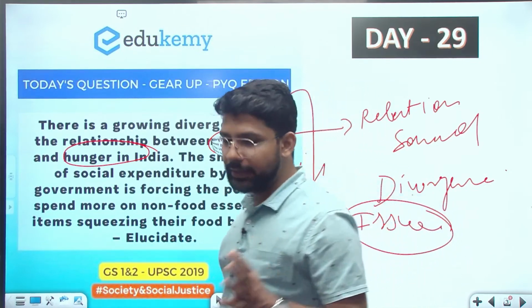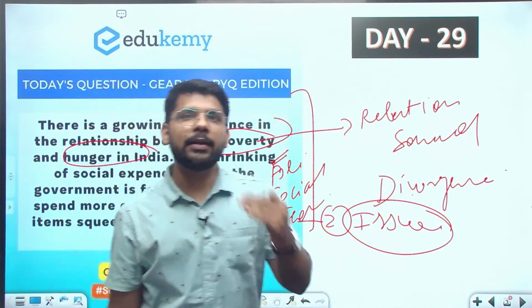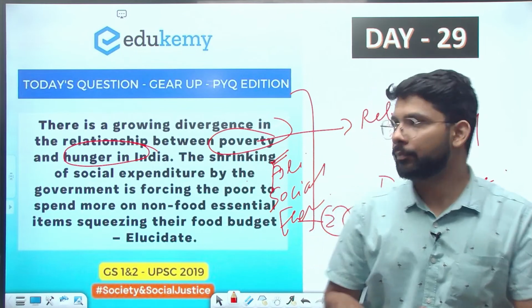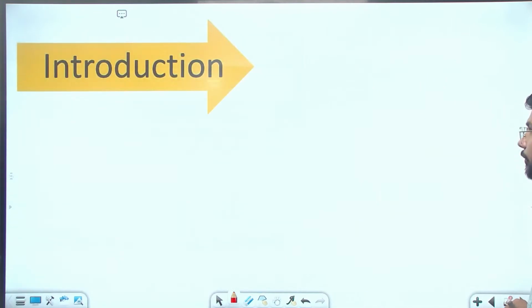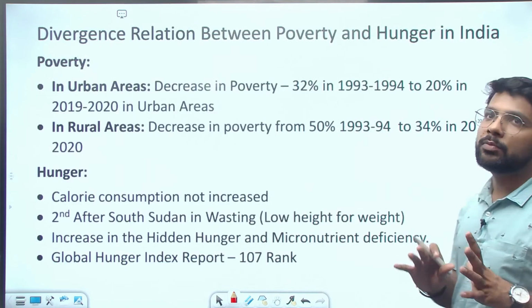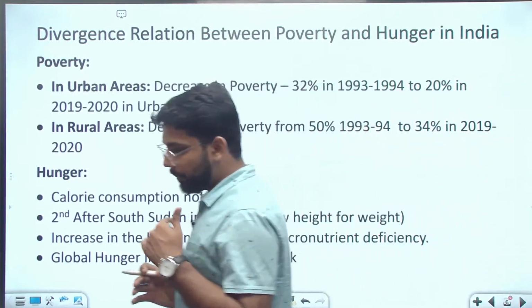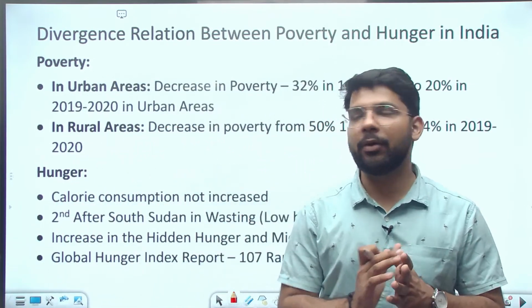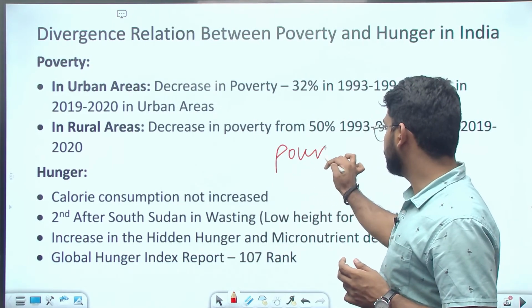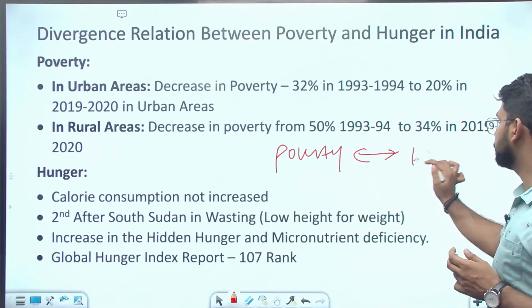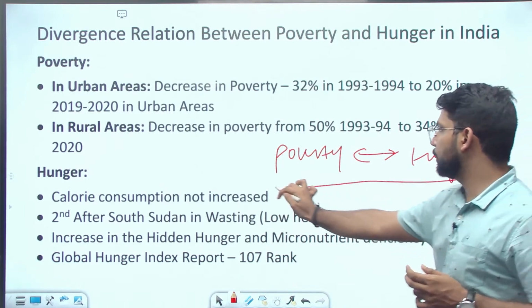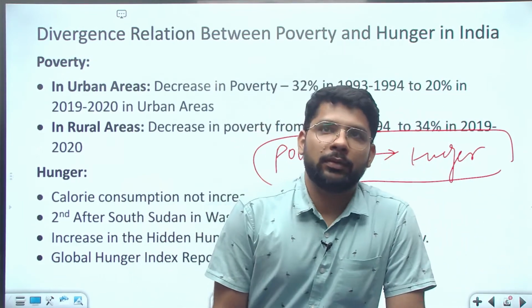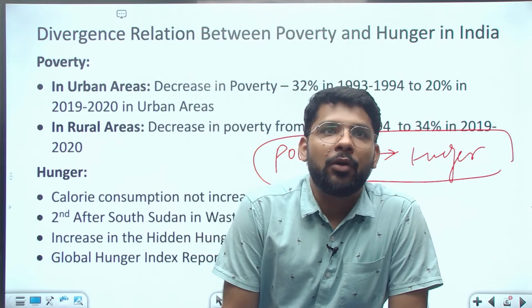I hope you are understanding the demand of the question, and we can write the introduction in multiple ways as discussed. Now, let's come to the body part. In the body, we are dividing the body part into multiple parts, like how poverty and hunger are linked, and how poverty and hunger are diverging in time.